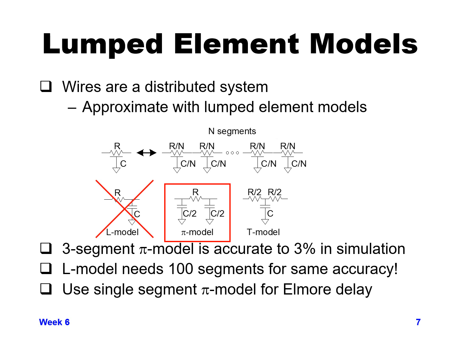Turns out that using the 3-segment pi model is actually pretty accurate in simulation compared to using a bunch of individual smaller n number of segments. So it can be accurate to about 3% in simulation, whereas the L model needs like 100 segments to get the same accuracy.